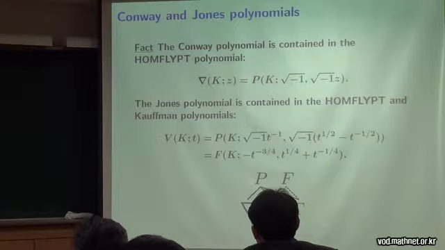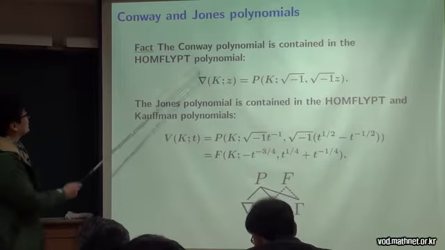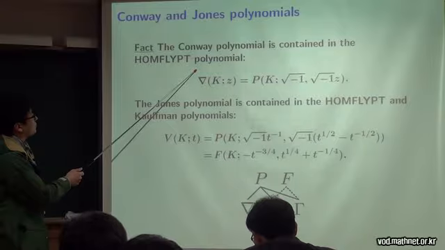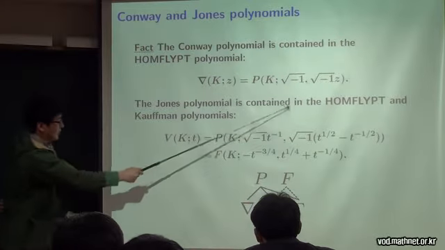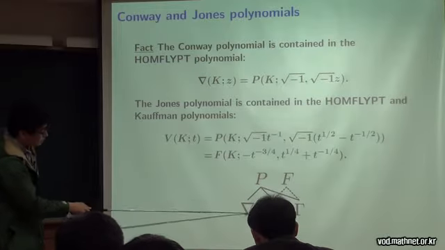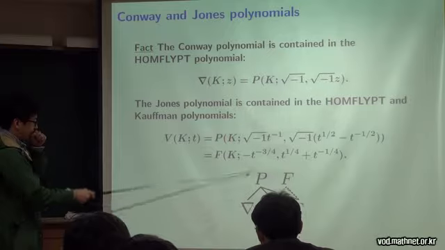And we review the Conway polynomial and Jones polynomial. It is known that the Conway polynomial is contained in the HOMFLY-PT polynomial, like this. So this P is the HOMFLY-PT polynomial and nabla is the Conway polynomial. So we have this relation.